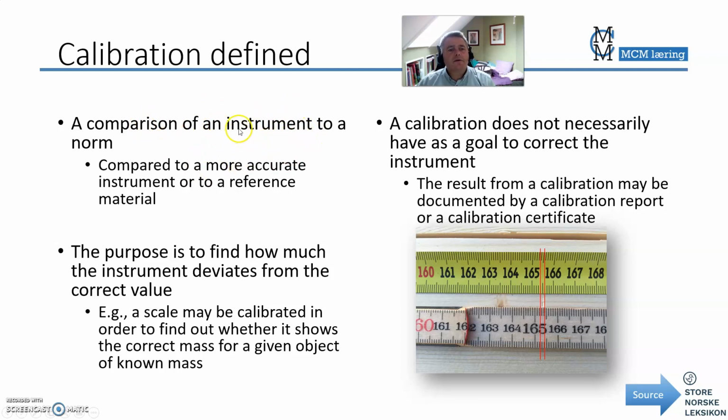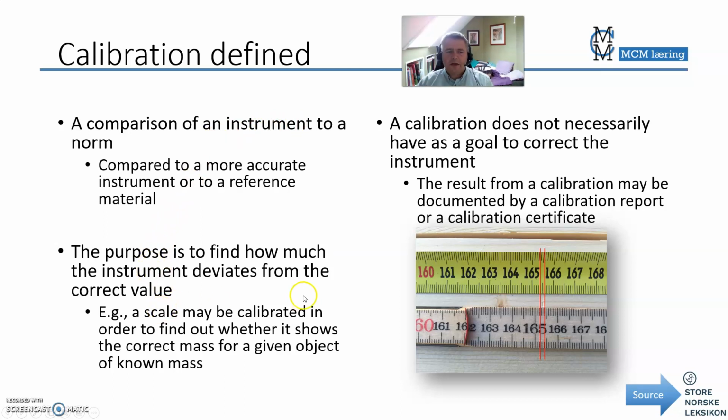And therefore you shouldn't compare your instrument to just another instrument in your lab. Compare it to one that is certified. The purpose is to find out how much your instrument deviates from a correct value. And so therefore, of course, the instrument that you compare your instrument to should be a really accurate instrument.